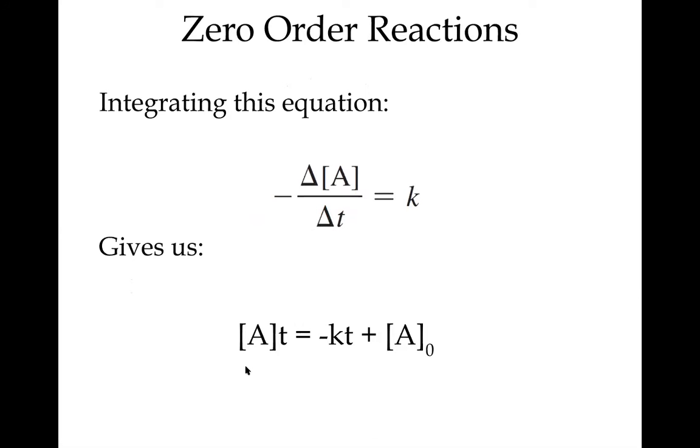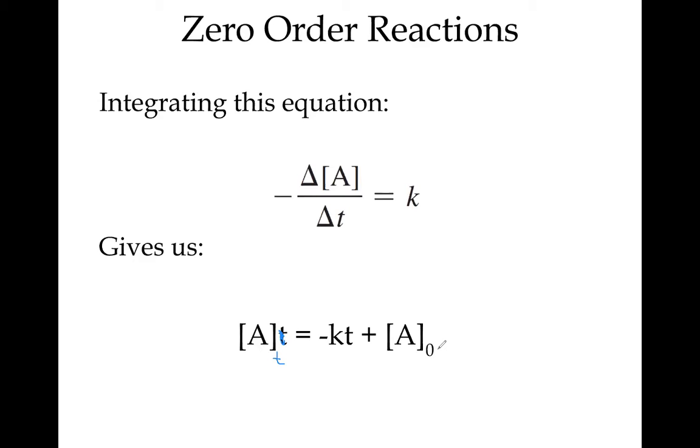So the concentration of A at any point is equal to negative kt plus the initial concentration here, okay?